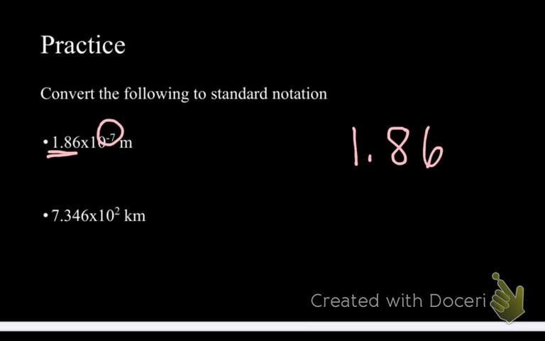In this case, it's 1.86. And I can see that the exponent is negative 7. So I'm going to move the decimal to the left 7 times. 1, 2, 3, 4, 5, 6, 7. And then I'm going to put my decimal right here.